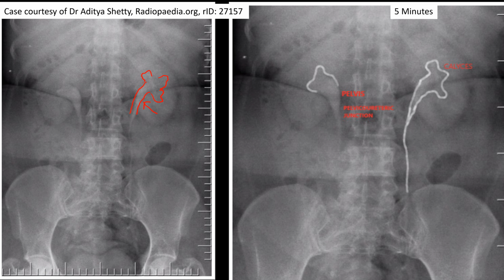This is the initiation of ureter. So this can be known as pelviureteric junction. The same structures are visible on the other side. Ureter can be seen extending up to the urinary bladder.